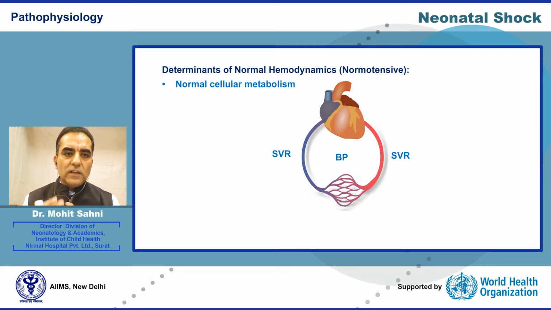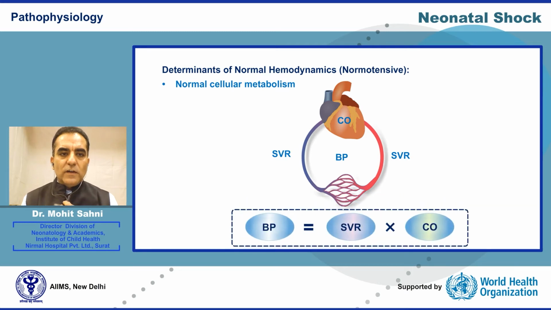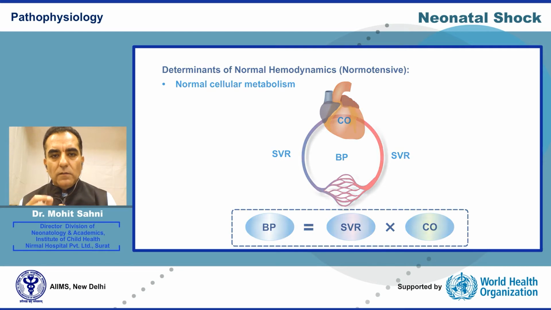The main two things which maintain normal hemodynamics are normal cellular metabolism and normal cardiac output. Even your blood pressure is a product of cardiac output and SVR, that is systemic vascular resistance. So the tonicity of the vessels is also an important component to maintain normal pressures.